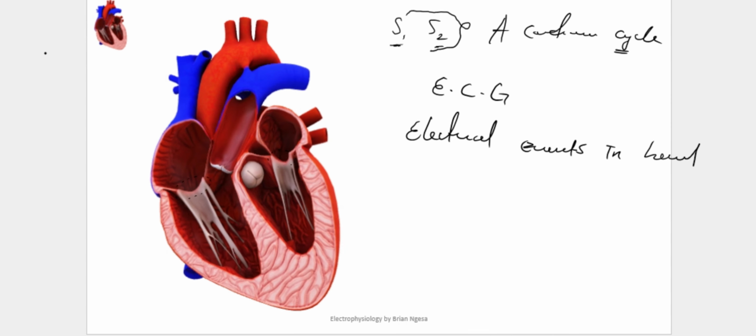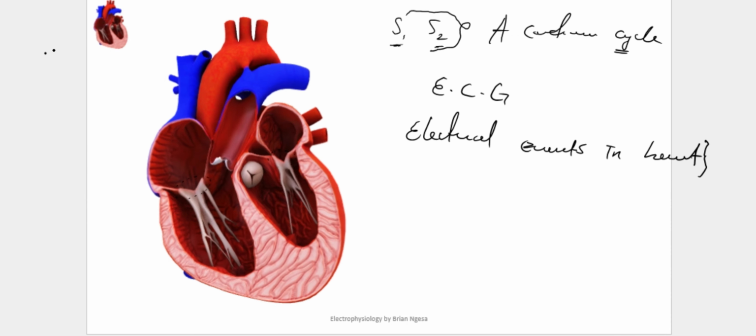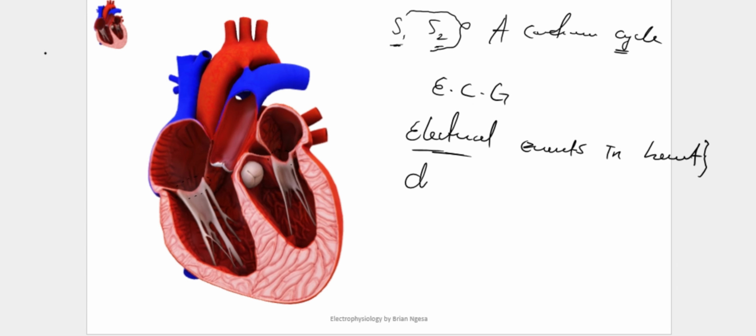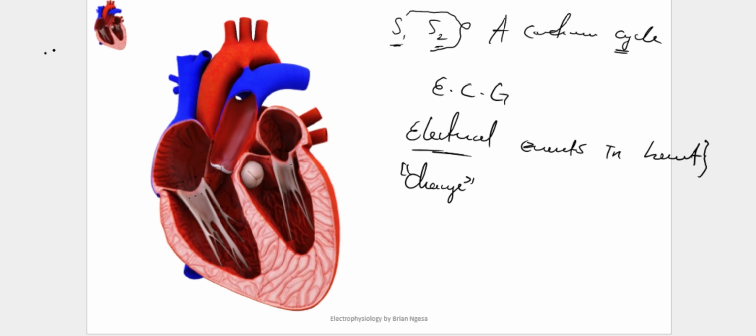This is because by the time our atria are contracting and our ventricles are contracting, they are doing so because they are electrically charged. There is some form of energy that is being used by these muscles to contract.